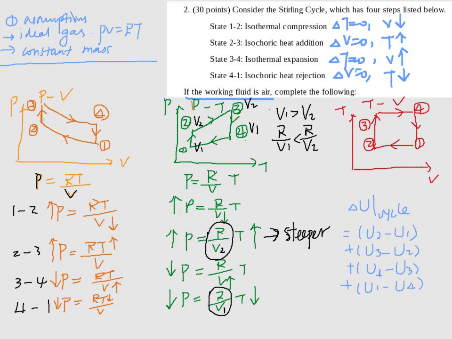Since this is a cycle, all the properties of a system return to their original state in a cycle. So the change in internal energy is just 0.